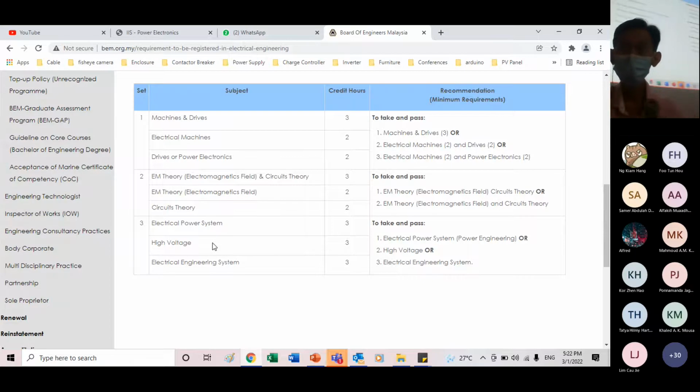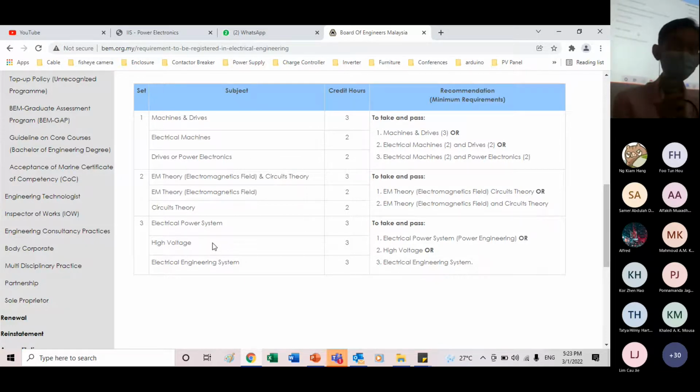There are really many cases of students, especially in overseas universities, because they have electives. During their study overseas, nobody tells them what happens in Malaysia, so they simply take whatever subject they are interested in, or follow their friends. When they come back to Malaysia, they cannot register as electrical.